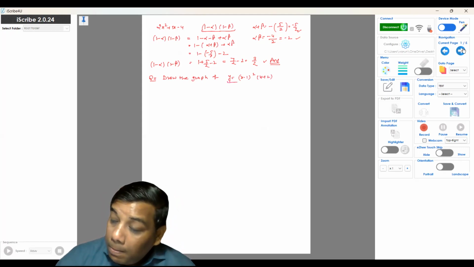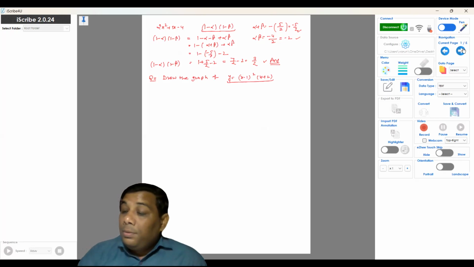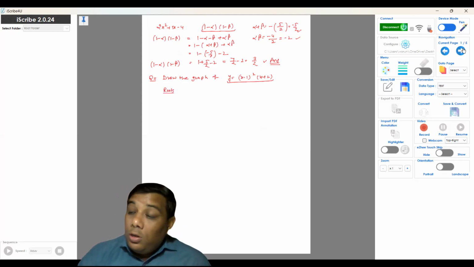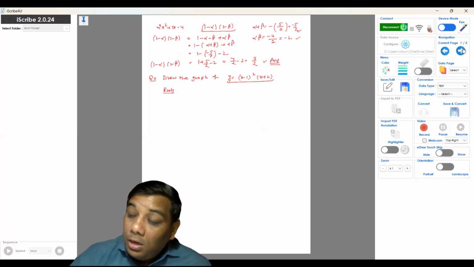Means what will be the graph of this polynomial. Now go through the roots. Roots are those values of x for which the value of the polynomial becomes 0. Then roots are 1 and minus 2, because at x equal to 1, y equal to 0, and at x equal to minus 2, y equal to 0.